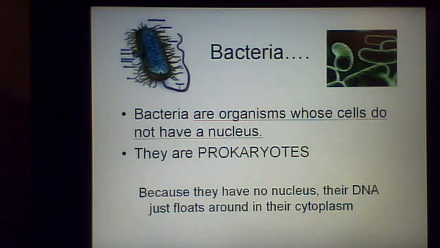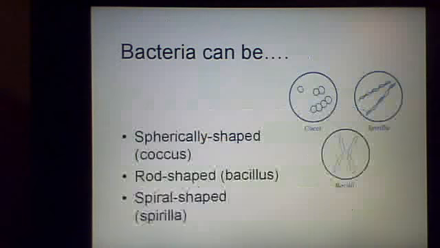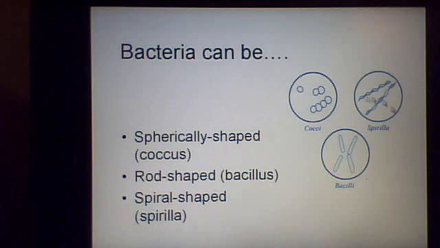Bacteria can be found in different shapes. The 3 we're going to discuss are the spherically shaped bacteria, the rod-shaped bacteria, and then the spiral-shaped bacteria. And you'll see the spherically shaped bacteria is listed as cocci.